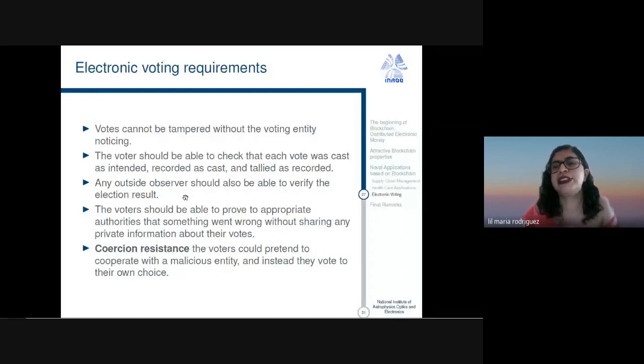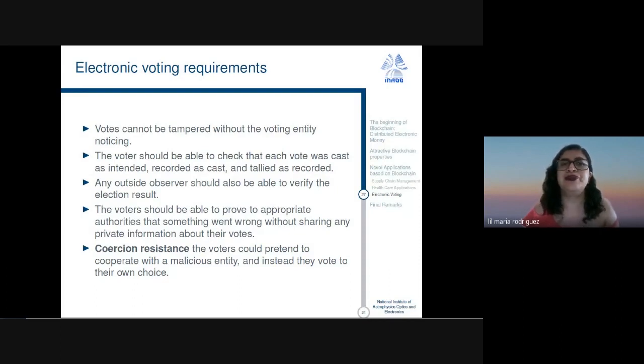Okay, so I will continue, and I hope we will have many more questions. So now I will introduce electronic voting, and I was saying that electronic voting has a lot of requirements. Among them, we can mention the following. Votes cannot be tampered with without the voting entity noticing.